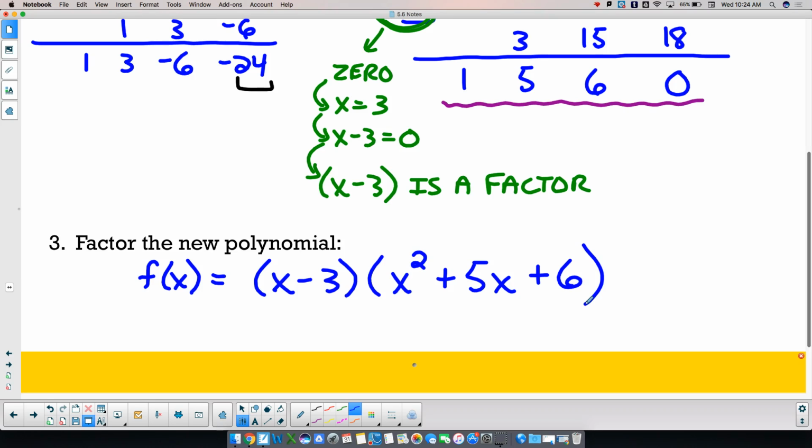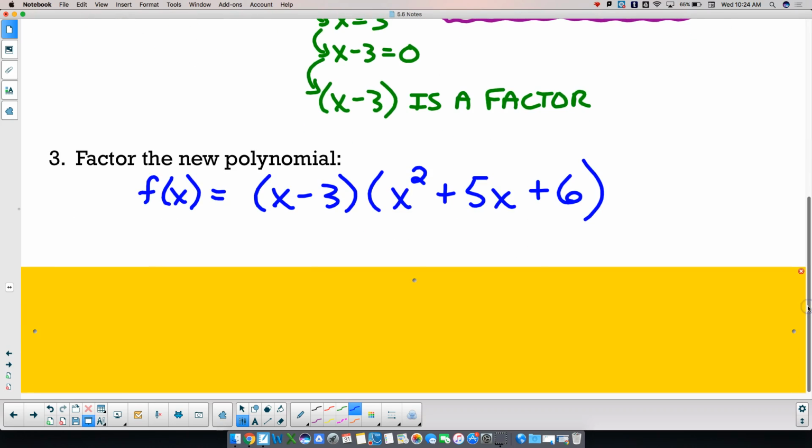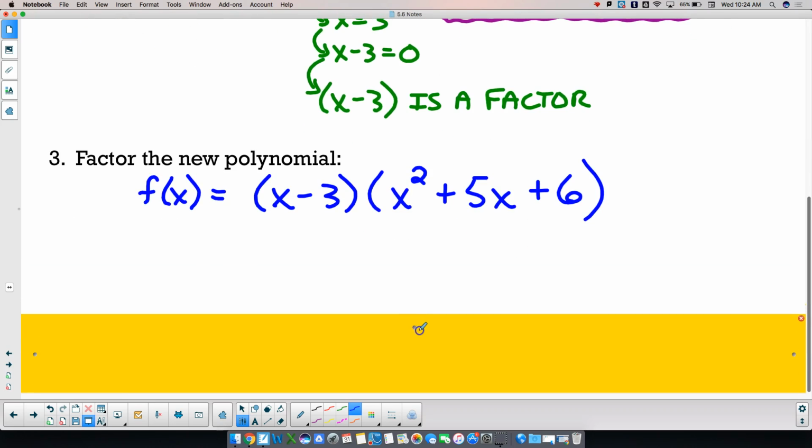Can x squared plus 5x plus 6 be factored? Yeah? If it can't be factored, then I'm done with this step and I move on to the next step.